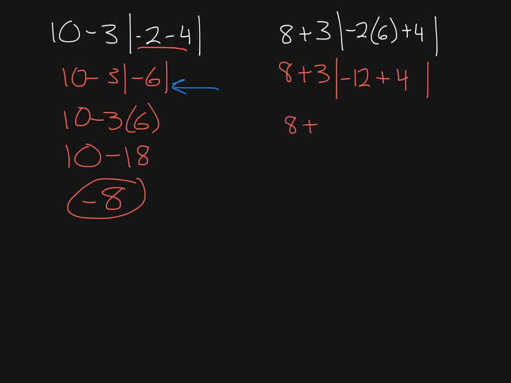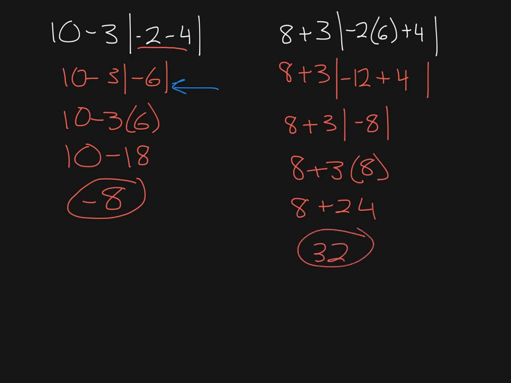I'm not doing anything until I have that inside piece completely calculated out. Now negative 12 plus 4 is negative 8. Now that I have just the number inside, here's where I can take the absolute value. 8 plus 3 times positive 8. 3 times 8 is 24, and 8 plus 24 is 32.